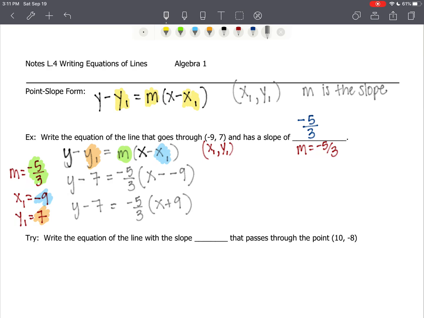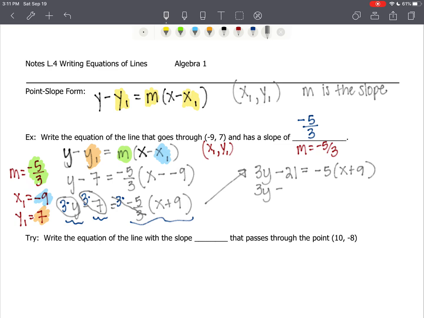Now we want to clear the fraction. We have 3 terms. So I'm going to multiply each of those terms by 3, which will give me 3 times y minus 3 times 7 is 21, is equal to, these 3's cancel, and we have -5 times the quantity x plus 9.